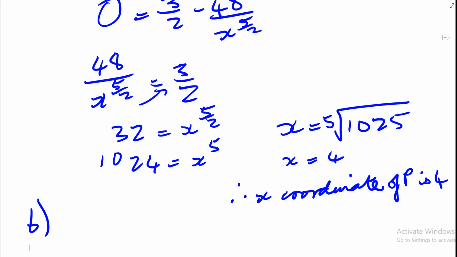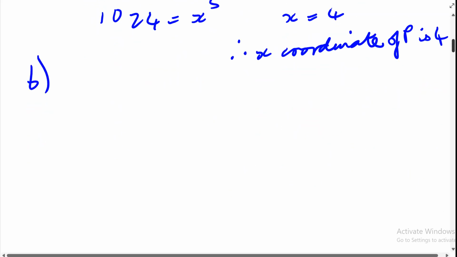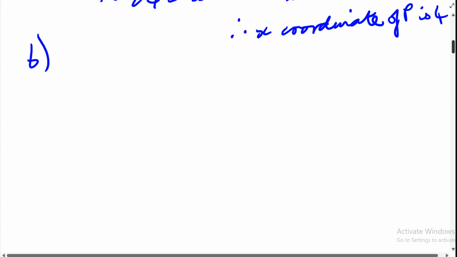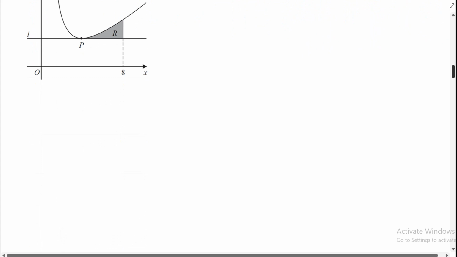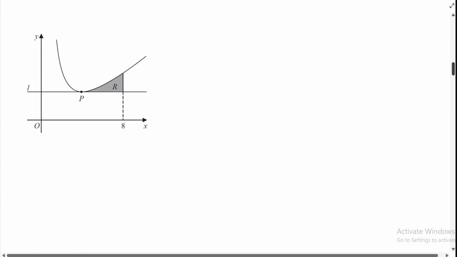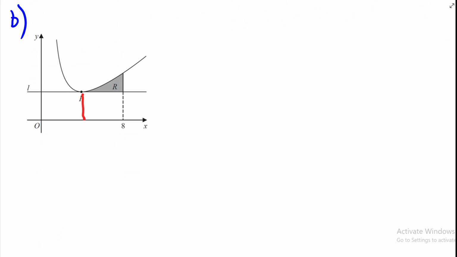It's probably best to find the rectangle and the area under the graph and then subtract. So let's see if we've got a diagram here. For part B, we can find the area of this rectangle.